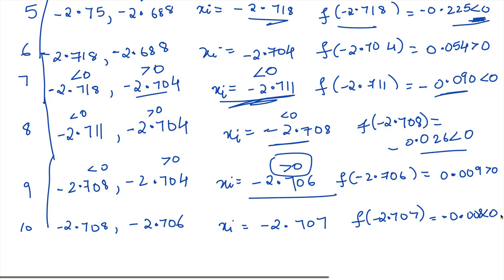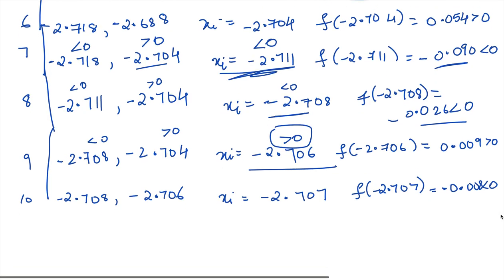It is less than 0. So in the next interval we take minus 2.707, and since this was less than 0, we take something greater than 0, which is minus 2.706.